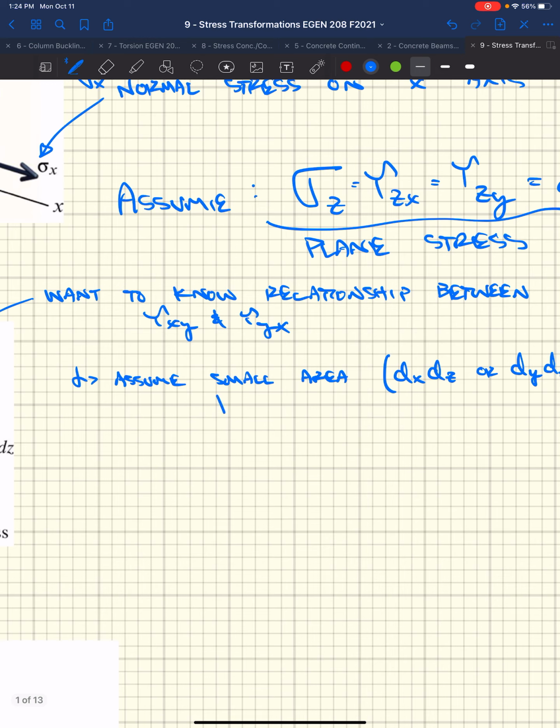This allows us to determine forces, so we can sum moments about the origin and set that equal to 0.